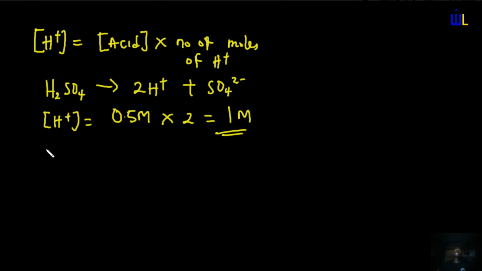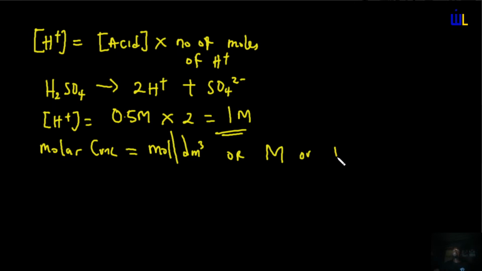Now, I would like to say something. Molar concentration has multiple units. You either see it as mole per dm cube, or as capital M, or you see the term molarity. We are not discussing volumetric analysis in this video, but it's important to take note of this.